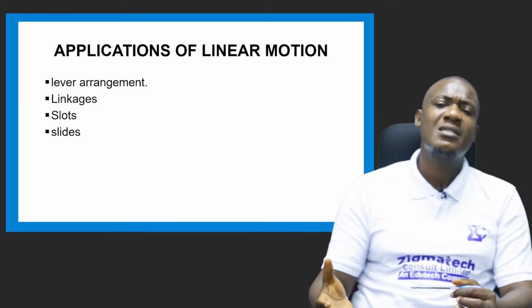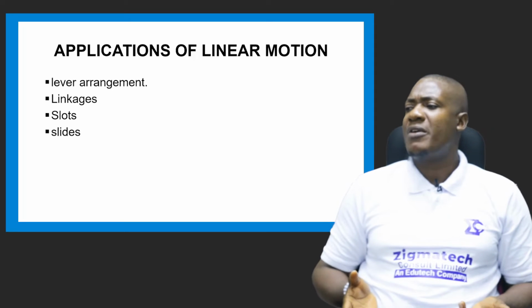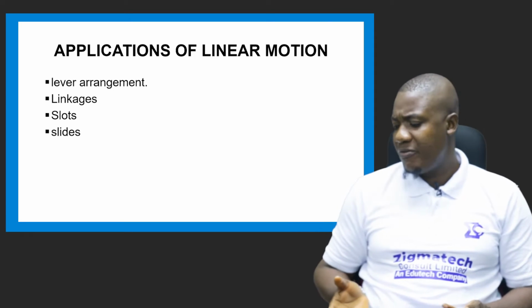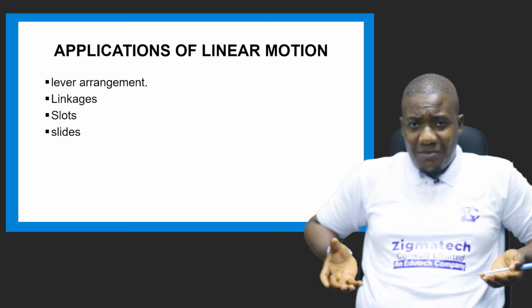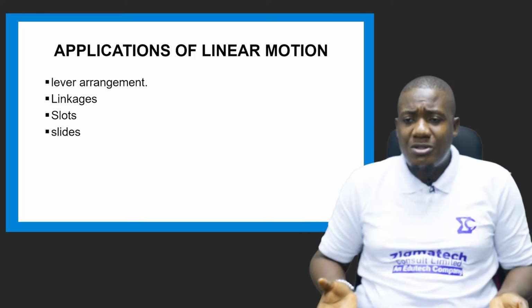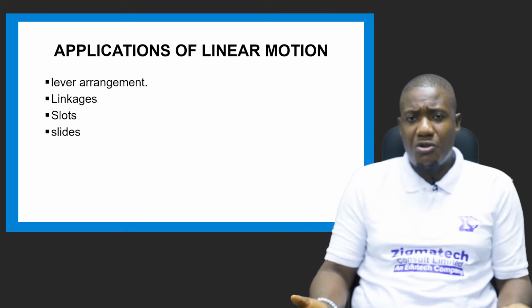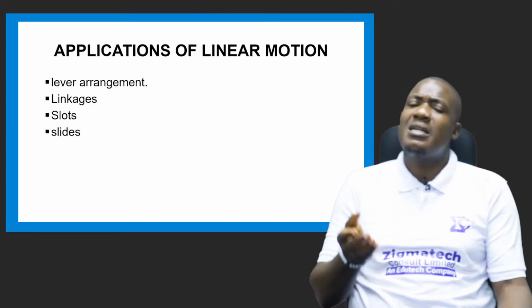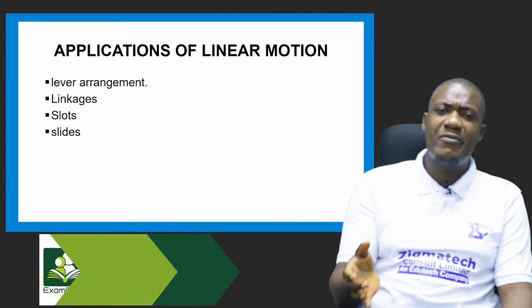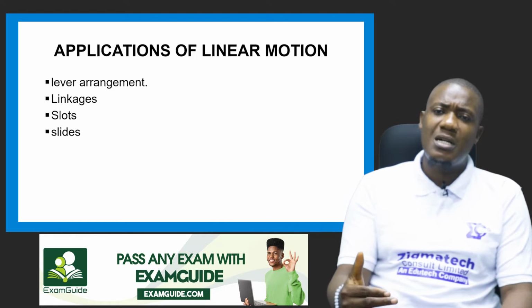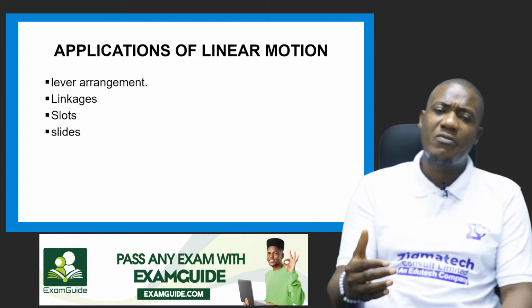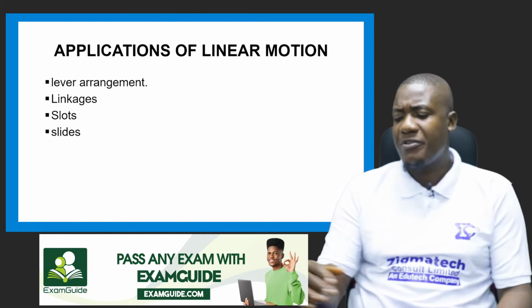In the form of slides, if you have ever used a table that has a drawer, you can slide out the drawer and push it back again. That is the linear motion we have in that regard. And linkages and lever arrangements are applications of linear motion that we have in these areas.